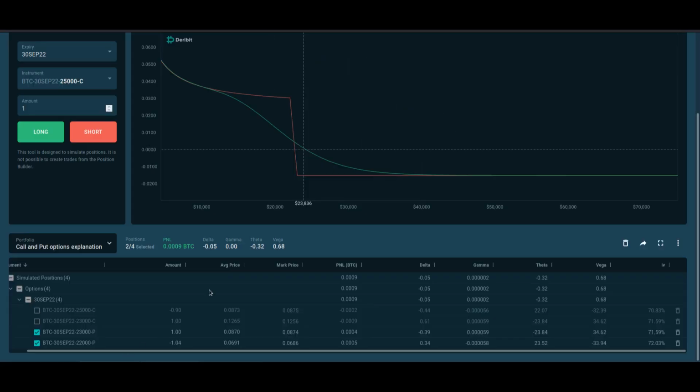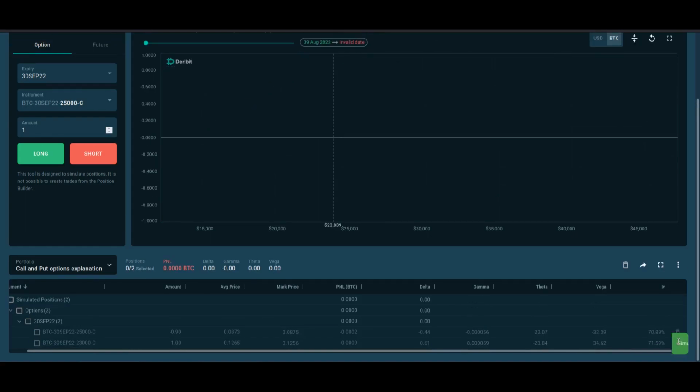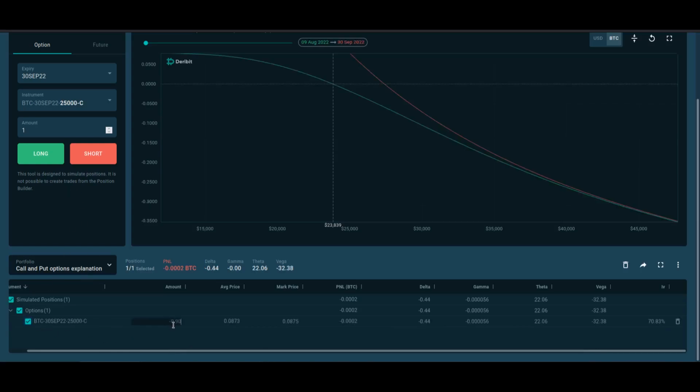Okay, let me show you. Calendar basically means that we buy, for example, a call with one expiration date and sell a call with the same strike but on another expiration date.